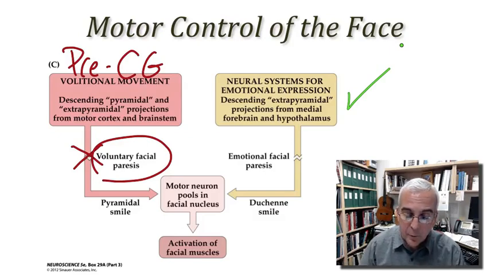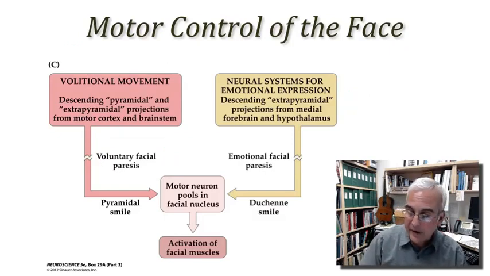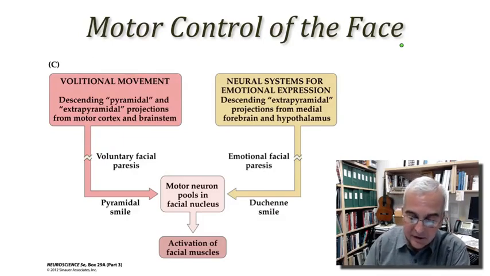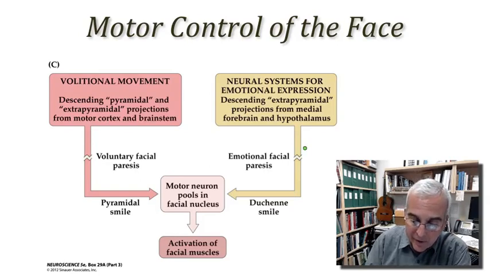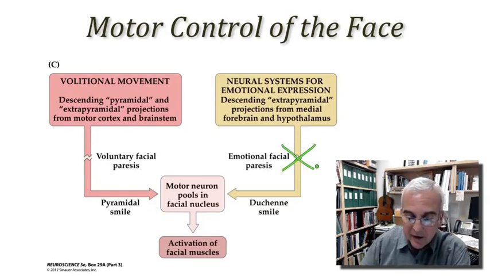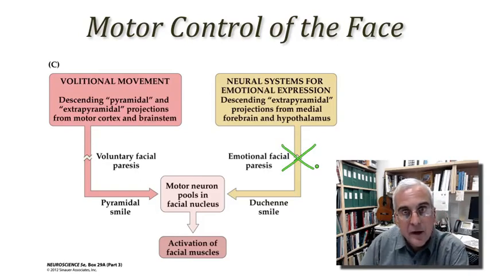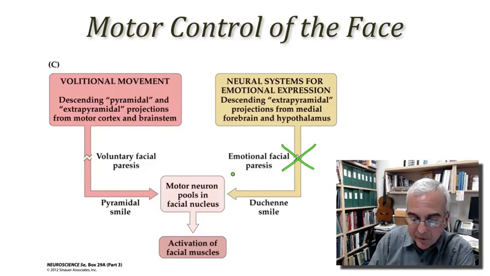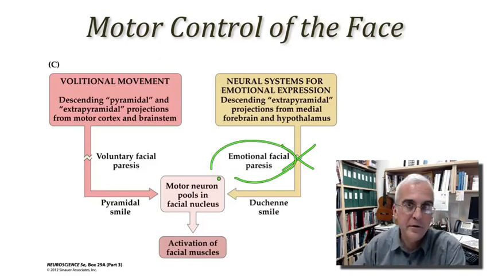Now, a much more rare condition can be found for individuals that have some damage, often requiring some bilateral injury to the cingulate motor area or their pathways that connect that part of the brain down to the pons. So damage to those pathways would produce the complementary deficit, something that we call emotional facial paresis.